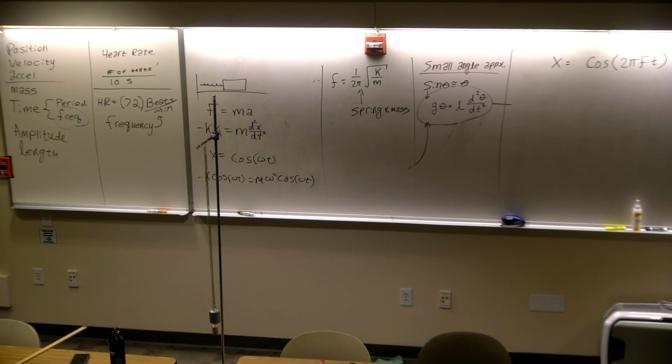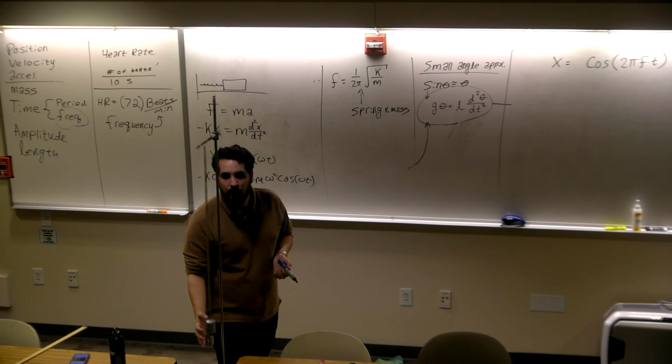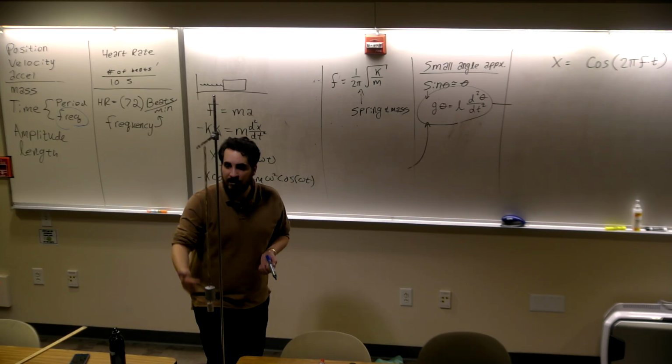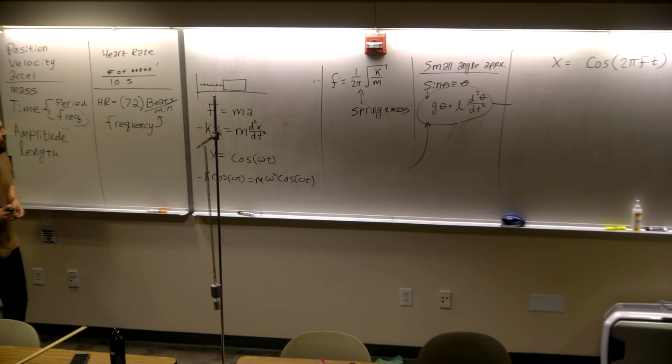Now, I left a space there. Why did I leave a space there? I left a space there because there is some maximum value that our mass oscillates to, whether we're on a pendulum and how far away do we go, or how far up and down do we go on our spring and mass. And this maximum value is the amplitude of our oscillation.